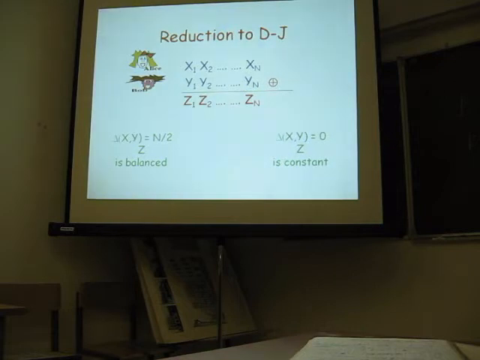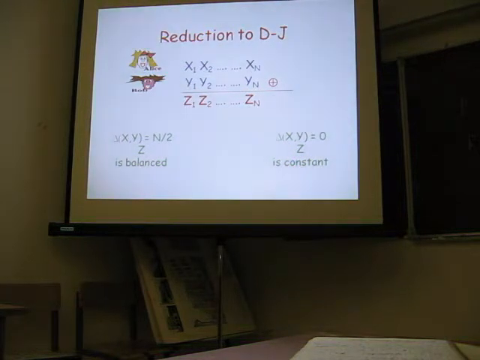Here's Alice's input, and here's Bob's input. Now if you were to bitwise XOR their inputs together, resulting in the string Z1 up to Zn, then notice that if the Hamming distance between x and y is n over 2, then Z is a balanced string. And if the Hamming distance between x and y is 0, then of course Z is a constant string.